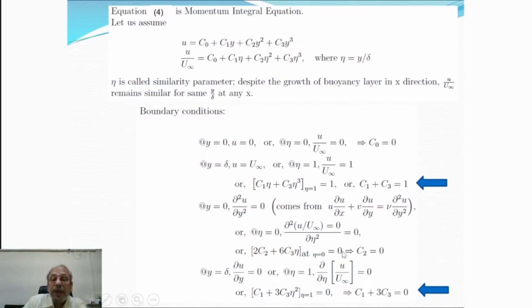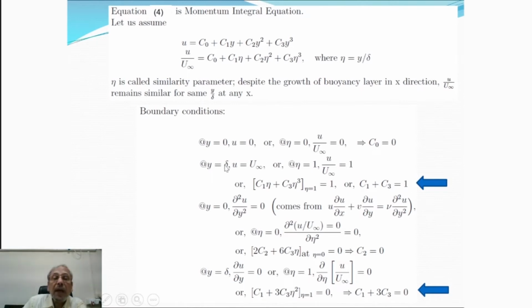If we substitute eta equal to 0, we get C2 is 0. So in this expression, C0 is 0, C2 is 0. We are left with C1 eta plus C3 eta cube.